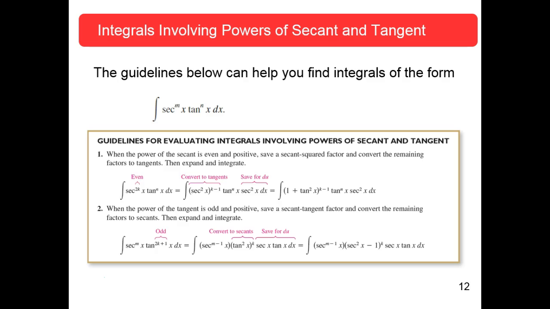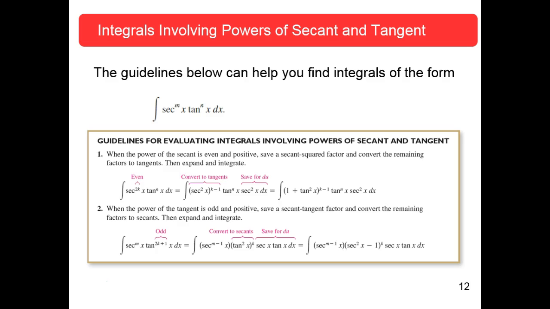All right. Now, since the secant squared is 1 plus tangent squared, that's to the k minus 1 power. Then you have your tangent x to the nth, and secant squared, which is our derivative of tangent. So now we have everything in terms of tangents and the derivative of tangent. All right. And from there, you go to town.